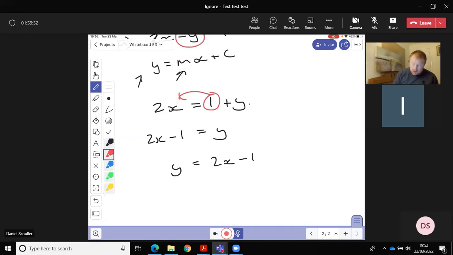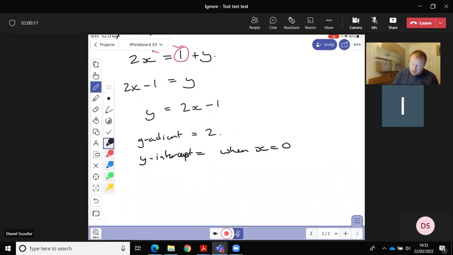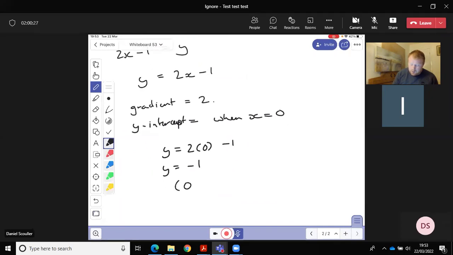So the gradient in this case is equal to 2. If it asks for the y-intercept, just like any of the graphs that we do, this happens when x equals 0. So substitute that in, place that x, and your coordinate would be for your y-intercept.